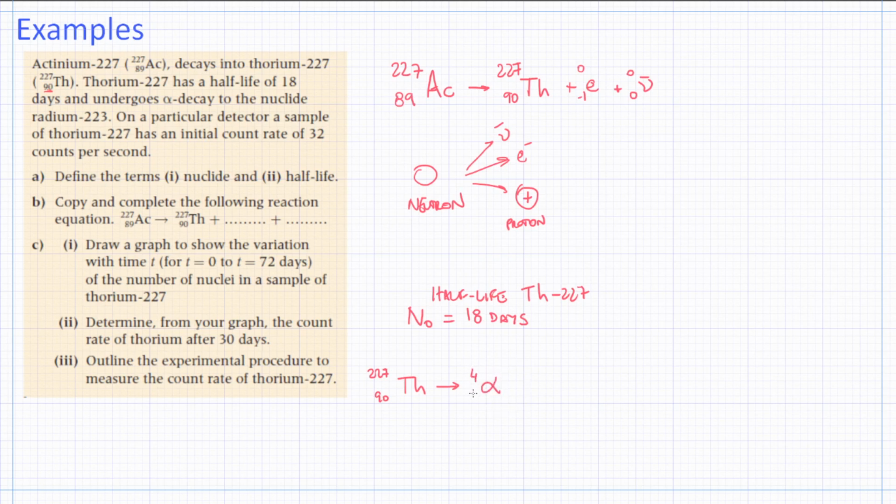And the mass number is 4, the atomic number is 2, plus radium-223. This is given, and this we can work out. If we need to add to get 90, this would be 88. And if you look at the periodic table, it should work.